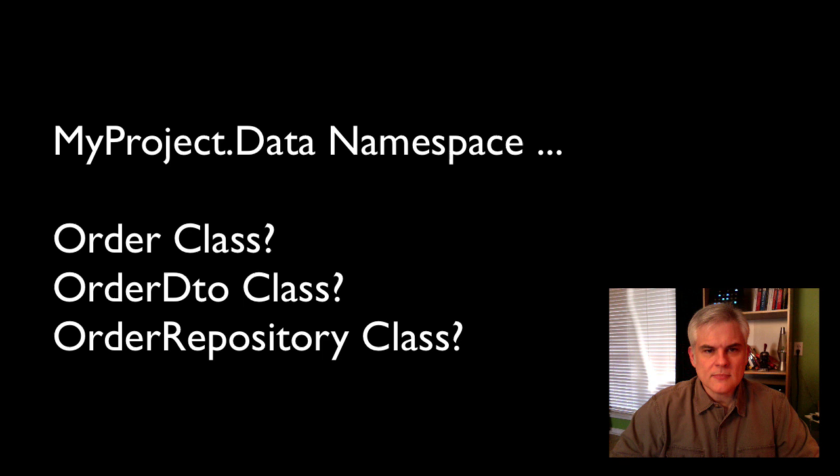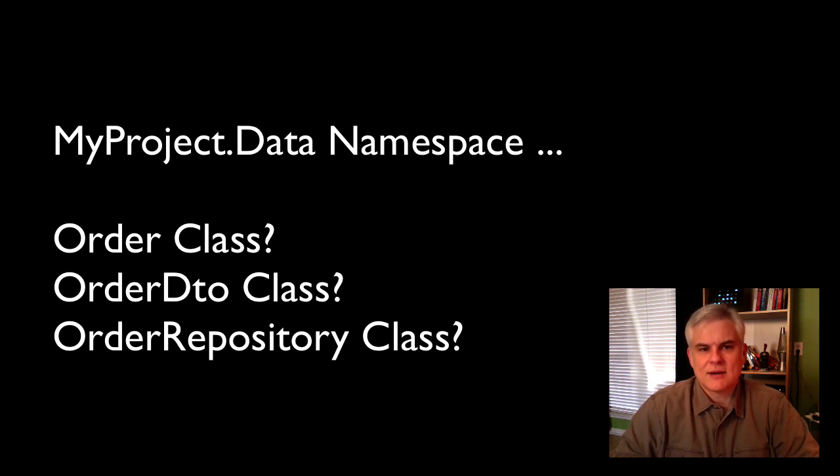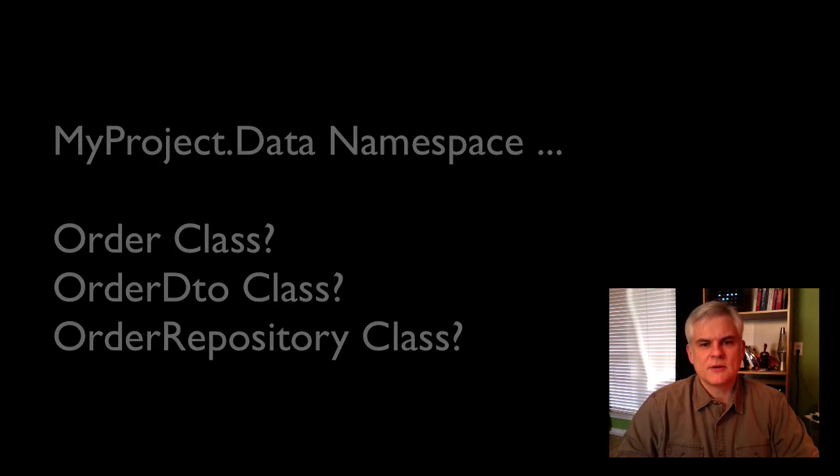So the only one that I think would fit in a project named myproject.data would be an order repository class. We said repository is a term that indicates a design pattern for basic CRUD operations for a given entity. So that's why I would expect to see that in a project that was focused on data. You might talk me into just the term order, but to me, without any additional suffixes, I tend to think of those as domain objects.